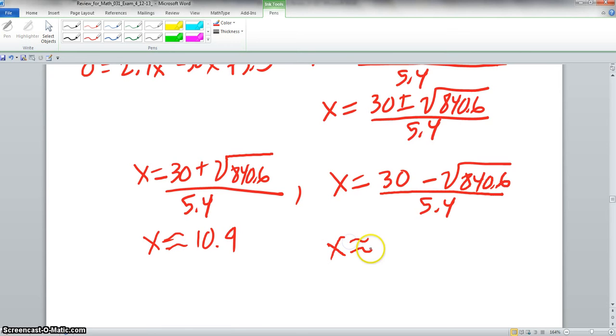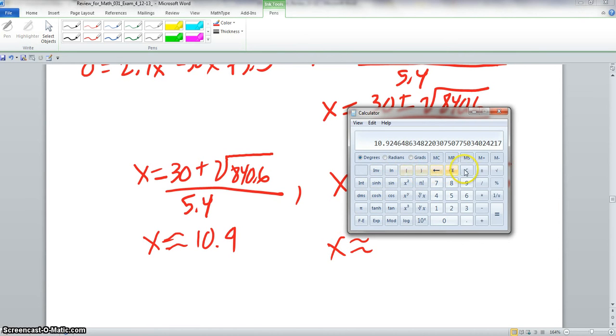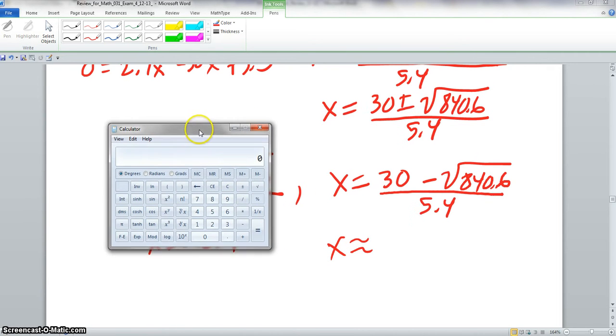Now we will go to the next value. We will have 30 minus, I'm going to have to use a parenthesis here, 30 minus the square root of 840.6.